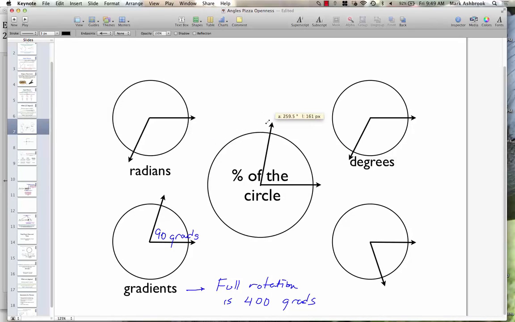So let's just make a guess. What percent of the circle would you guess it is? Estimate. A little less than 0.25, right? It's going to be a little less than a quarter. Anybody got it yet? 0.225?